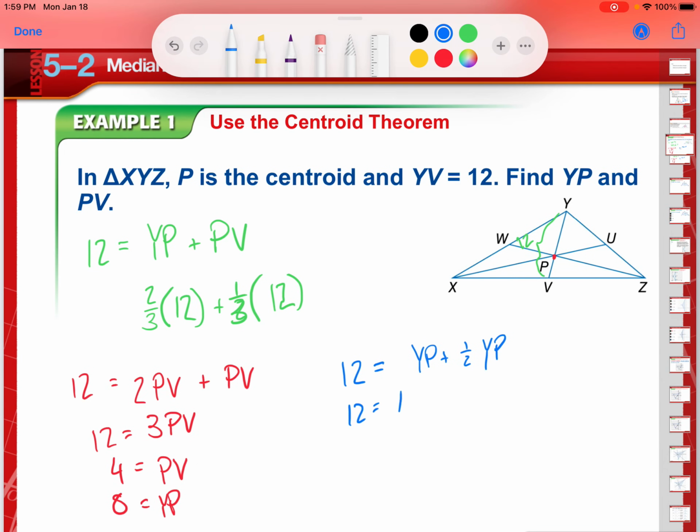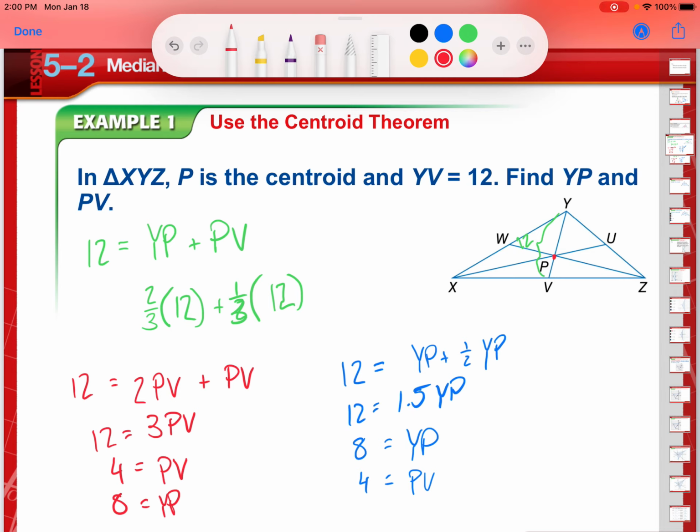So I could say 12 equals 1.5 YP, and then I could divide by 1.5, and I could find out that YP equals 8, and then I could say, okay, well, PV is 1/2 of YP, so PV is going to be 4. So there's a number of ways to solve these.